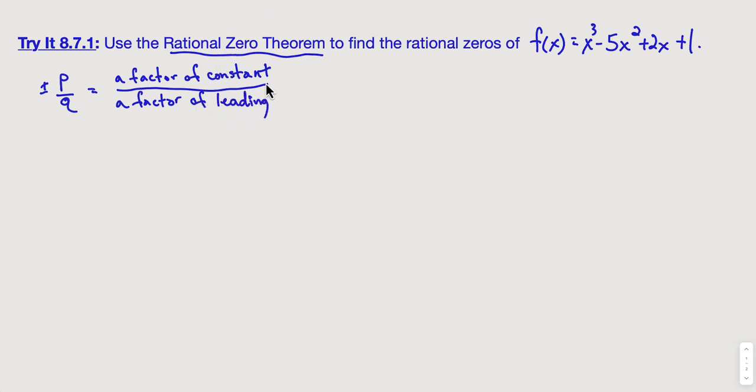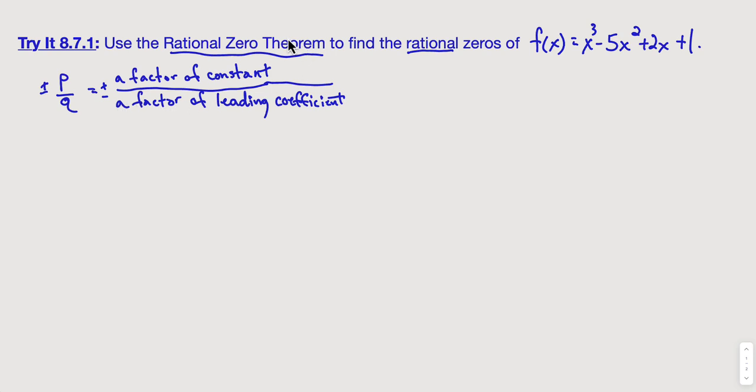So what that means is that if there are any rational zeros, if we plug in x and it yields a 0, and it's a rational number, it's going to be one of these values, plus or minus P over Q, plus or minus a factor of the constant over a factor of the leading coefficient.